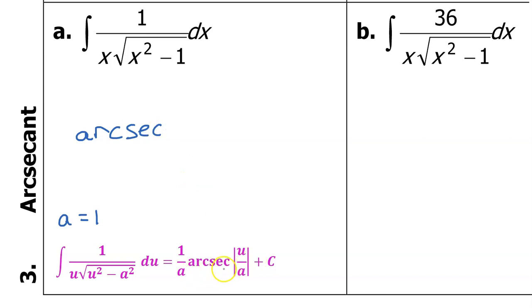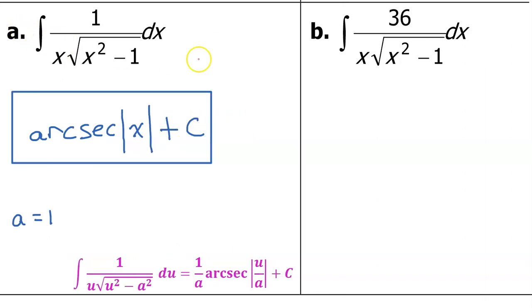The arc secant is the only inverse trig rule that has absolute value in it, so don't forget about it. Absolute value of u over a, in this case, is just x over 1, so I'll just put x, and then plus c.